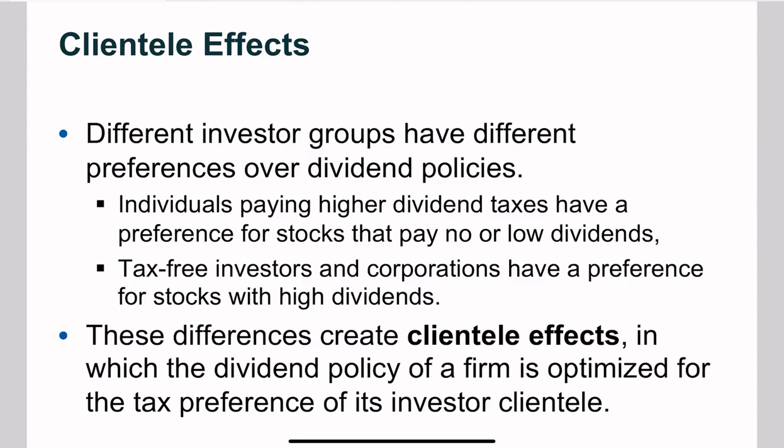So these differences in tax rates and these differences in tax preferences will create the so-called clientele effect. That is, the dividend policy of a firm will be optimized for the tax preference of its investor clientele, right?